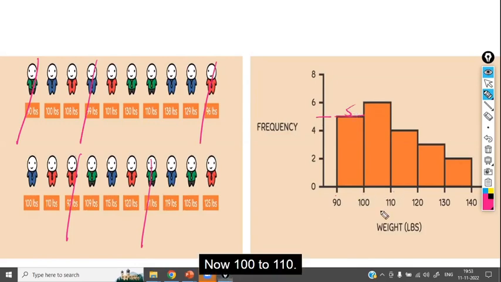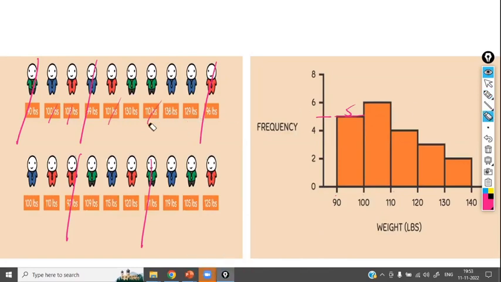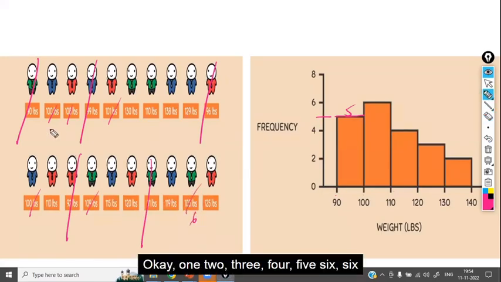Now 100 to 110, how many students are there? 1, 2, 3, 4, 5, 6. Six students, so you draw the bar like this.